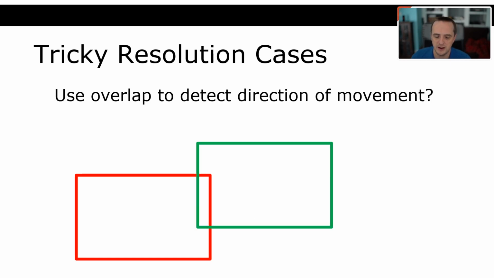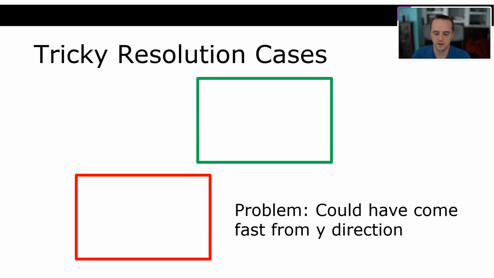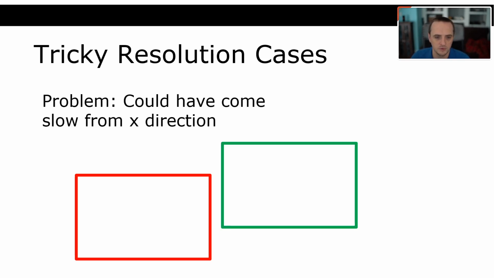So here's a possible case where we have this overlap here. How do we know which direction the green block came from in order to resolve our collision? Well, the green block could have come from the Y direction, or it could have come from the X direction, okay?